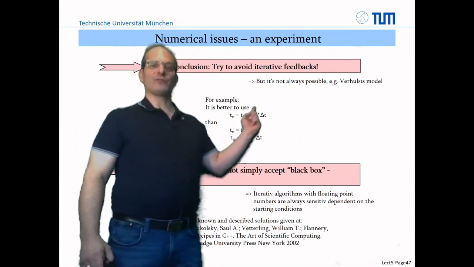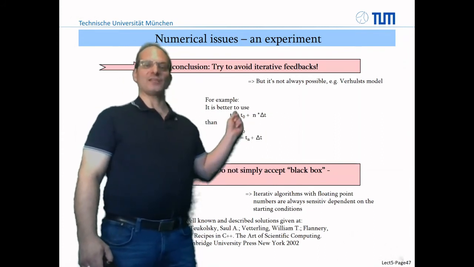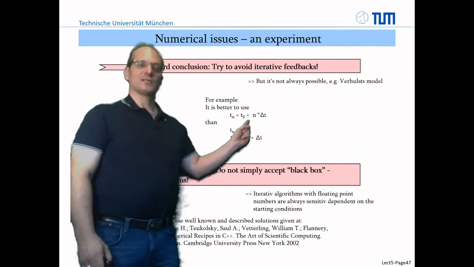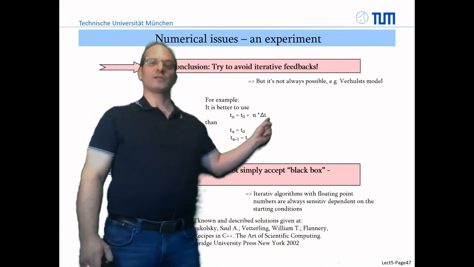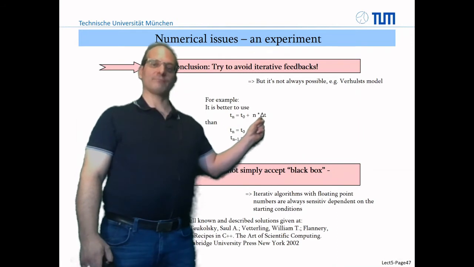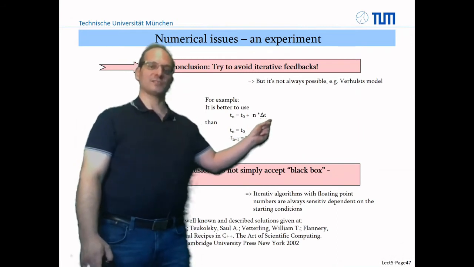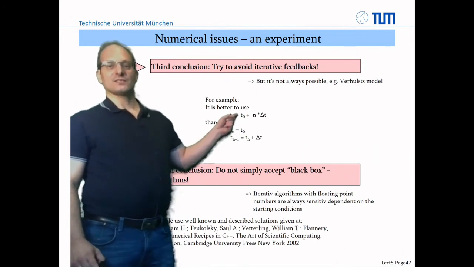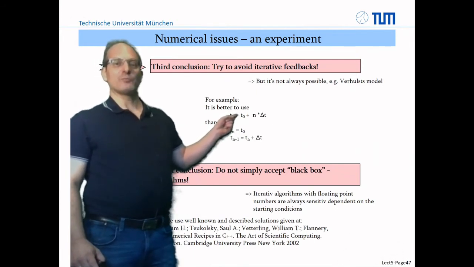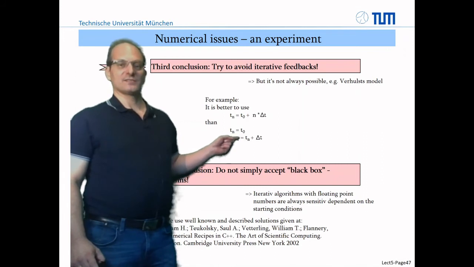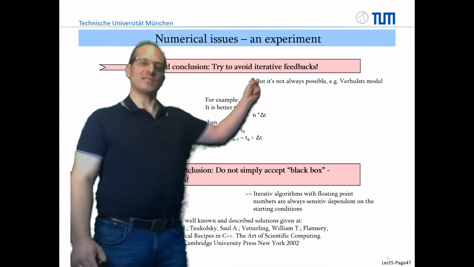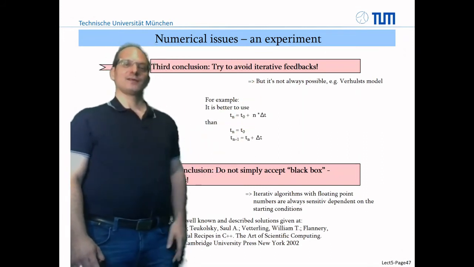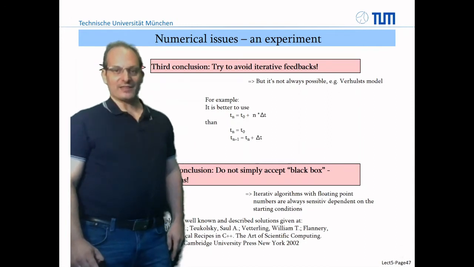So you have just an integer times the floating point distance, and then you will get the result. This is much more important and better than this. So always, if you can avoid iterative feedbacks, do it.